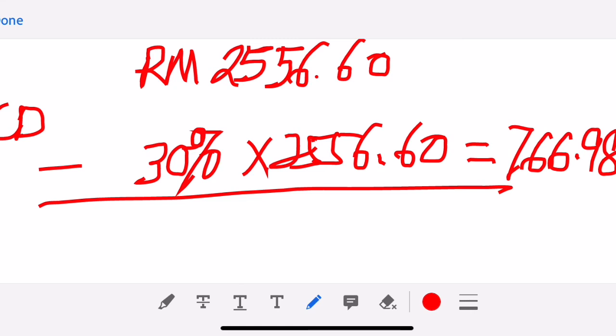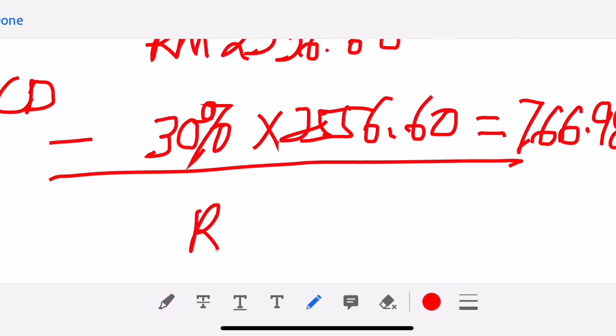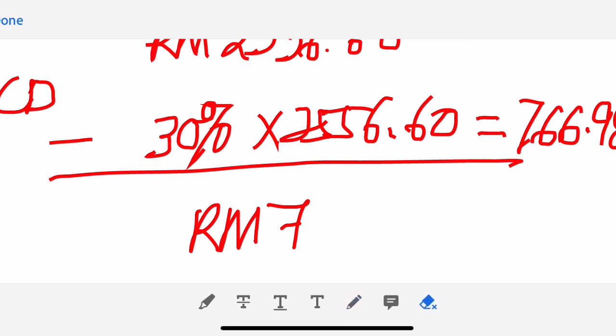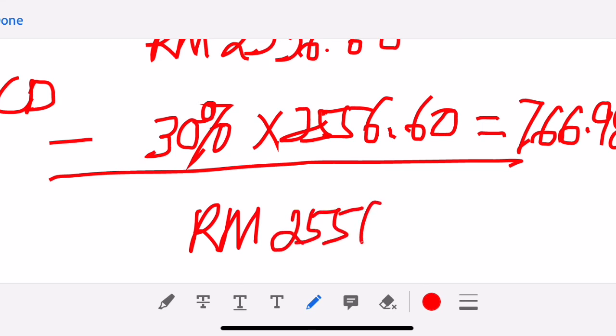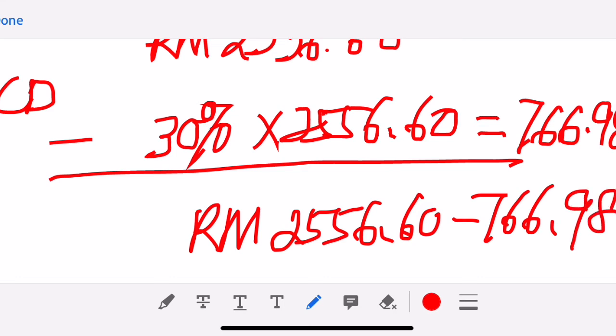So we minus, okay, so we take 2556.60 minus out 766.98. So that means the premium for Encik Bakri for the comprehensive is actually, okay, let me write down properly, 2556.60 minus 766.98, right?